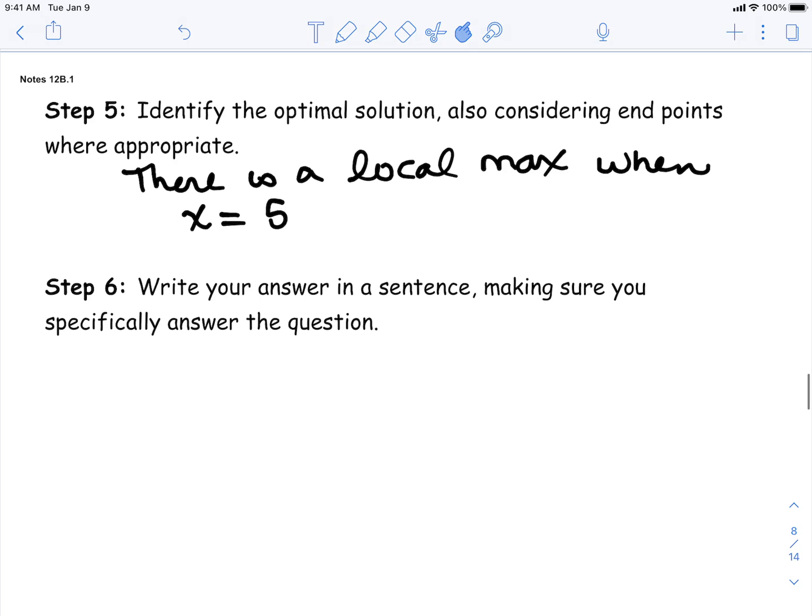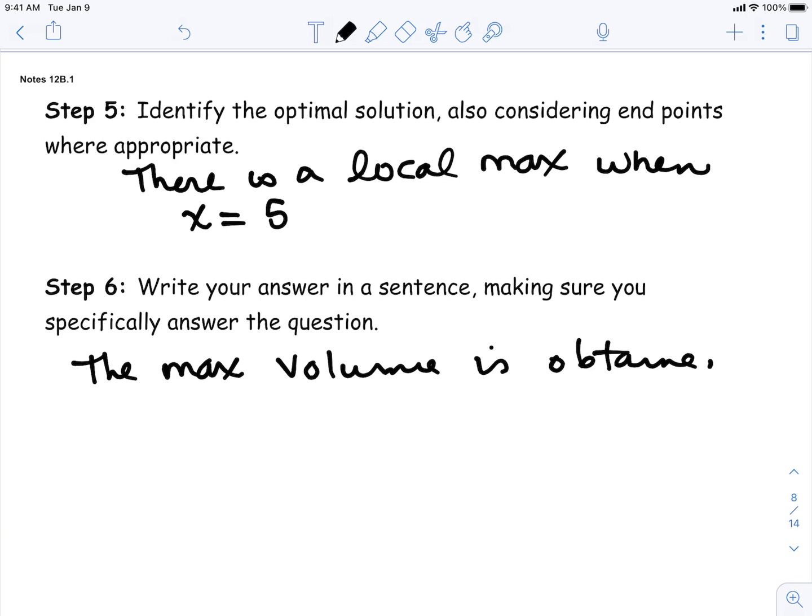Now we need to go ahead and find that answer in a full sentence. So the max volume is obtained when we cut 5 centimeters off each side of that flat piece of tin plate.